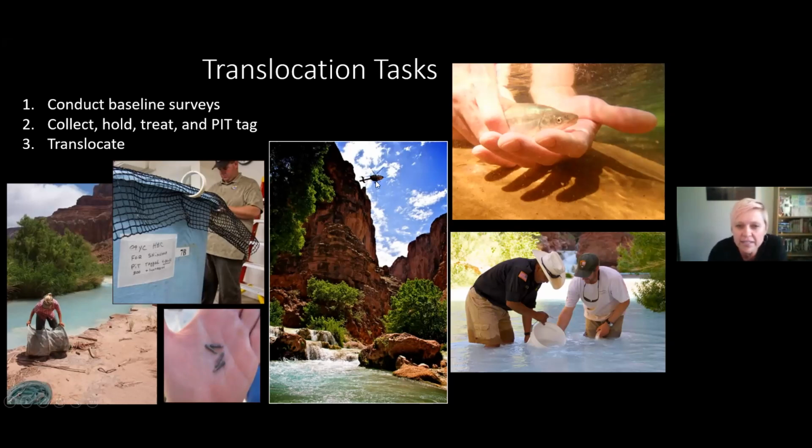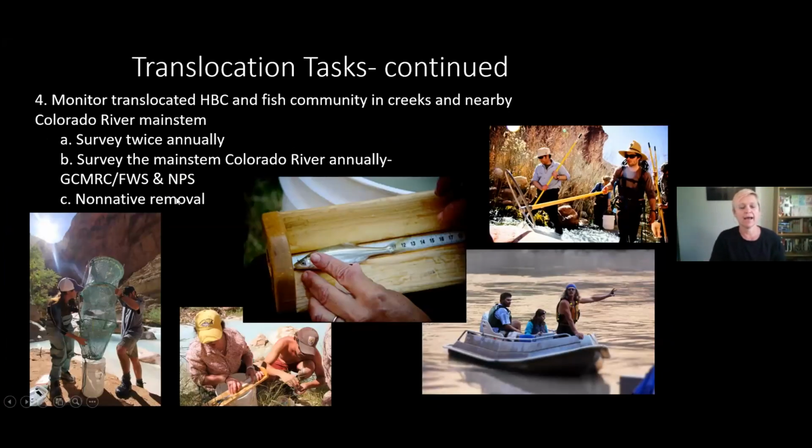And so I don't know if you can see here, we've got a helicopter with a 100 or 200 foot long line, and there's a cooler at the end of there somewhere. And then they're released into their new creek. After the release, we monitor both the chub that were translocated and the other fish in the creeks and the nearby main stem outside of there. And we do some of that main stem work with Fish and Wildlife Service and GCMRC collaborators.